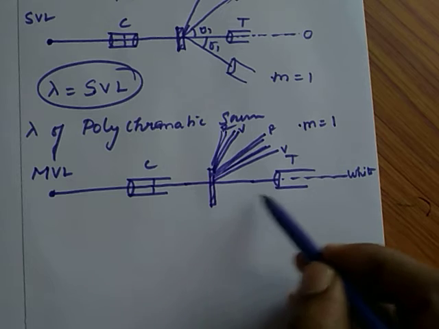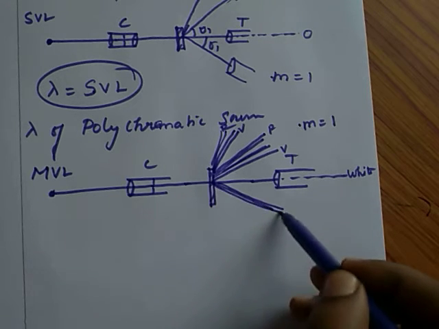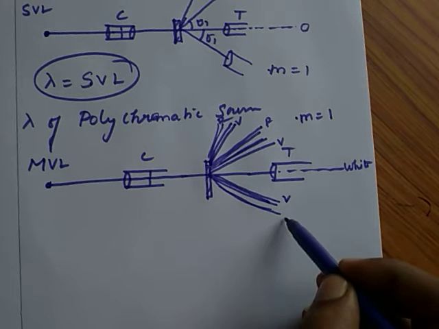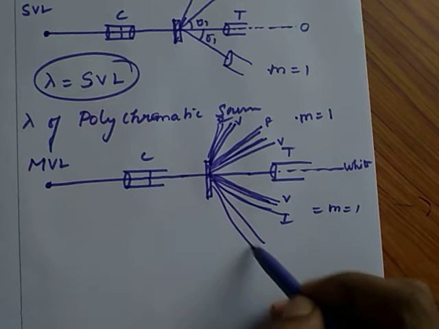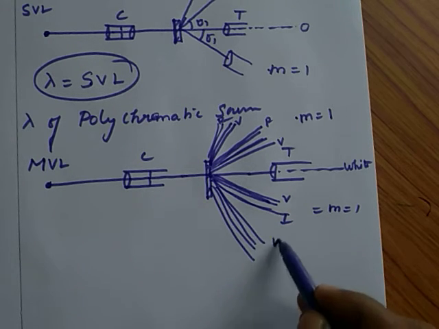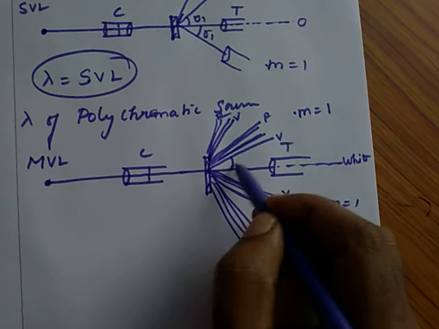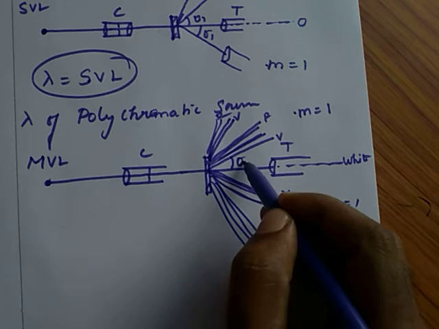Then I move the telescope further towards the right side, and at that instant also I get the same pattern. This gives the angle of diffraction for particular colors.